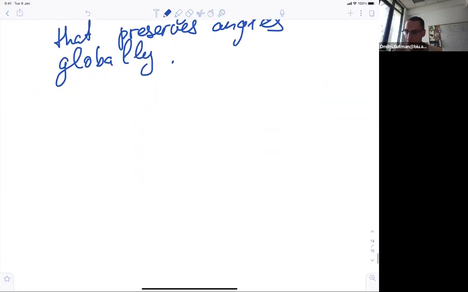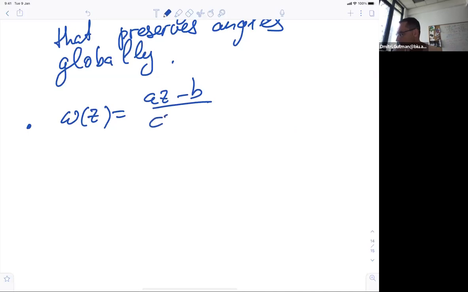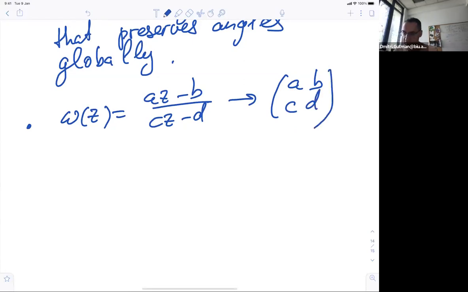Okay, and one last point. As we see, a Möbius transformation can always be written in this form. So I can identify and specify this transformation by writing its coefficients as a matrix.